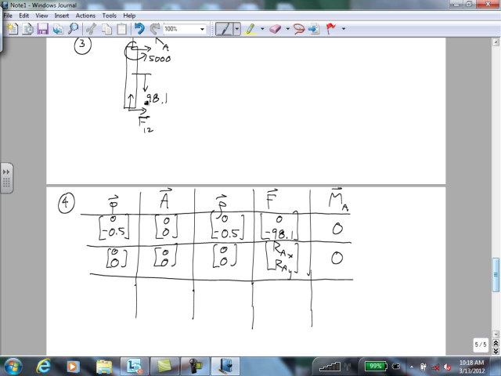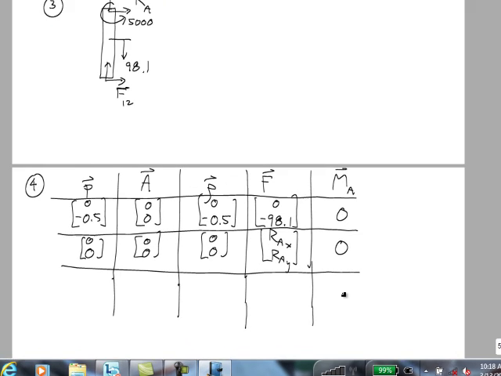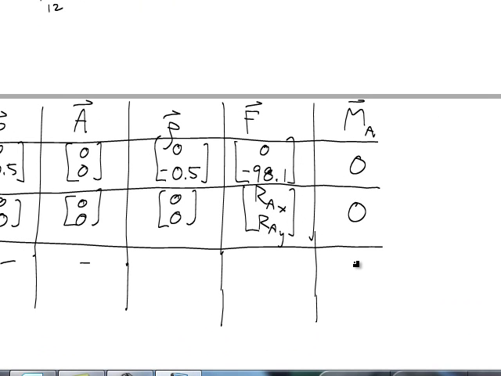Now this couple. This couple, I don't know. This problem says where it's applied, but it doesn't ever come into anything. You can leave everything blank and just put positive 5,000 for the moment.